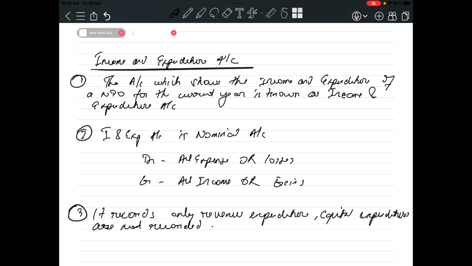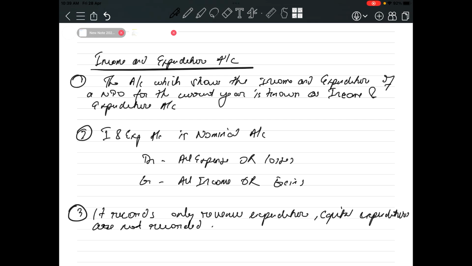For your understanding, you can take P&L account in your mind. In P&L account, do we take into account capital nature expenses? No, we take only revenue nature expenses, like salaries, rent paid and any other expenses. Now what is capital expenditure? Say for example, you have purchased a machinery. The price of the machinery was 1 lakh rupees, and the installation charges which you have paid is 10,000 rupees.